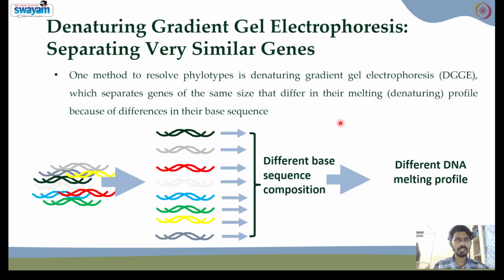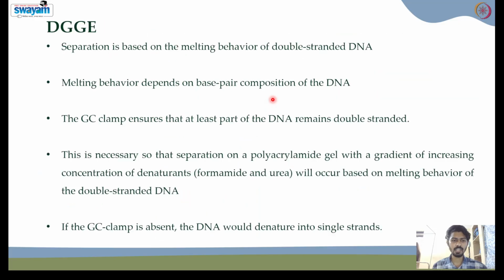We will see the melting temperature concept in the upcoming slide. The basic principle of this technique is to separate genes of the same size that differ in their melting profile, because every DNA has a different gene sequence.